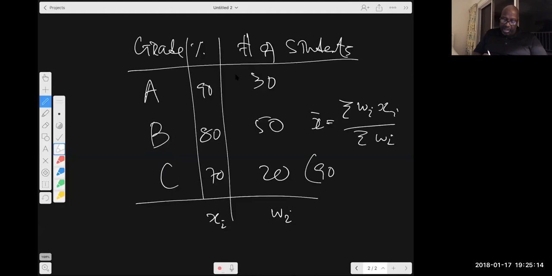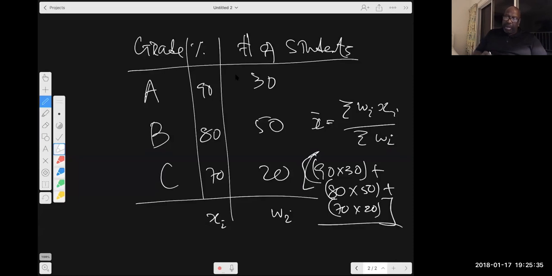That times 30, plus 80 times 50, because 50 people had 80s, plus 70 times 20. So that's what I would actually end up adding all up. That will be my sum of my Wi times my Xi.